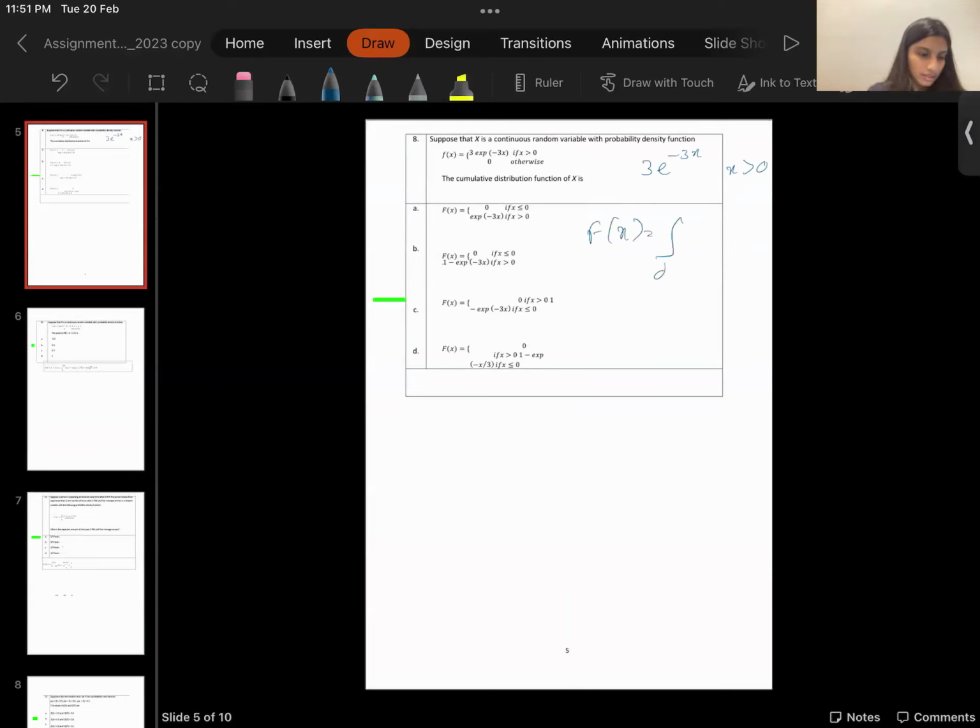The CDF, we know, is the integral from 0 to x of f of t dt, or f of x dx, whatever you want. But since we just have an x term here, instead of writing f of x dx, so that you don't get confused, you write f of t because there's an x here in the equation already. So f of t is equal to this, it's already given.